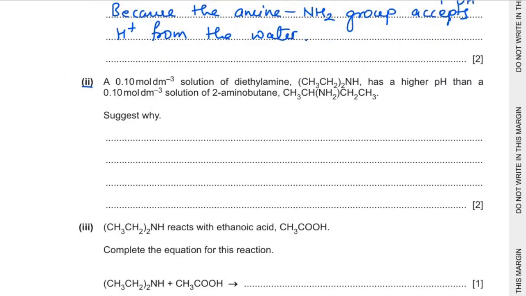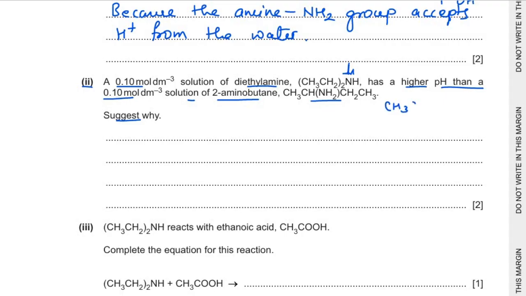The second part is 0.10 mole per dm cube solution of diethylamine has a higher pH than 0.1 mole per dm cube solution of 2-aminobutane, and this is the simple structure of 2-aminobutane. Suggest why. Now understand diethylamine, what kind of a structure it has.